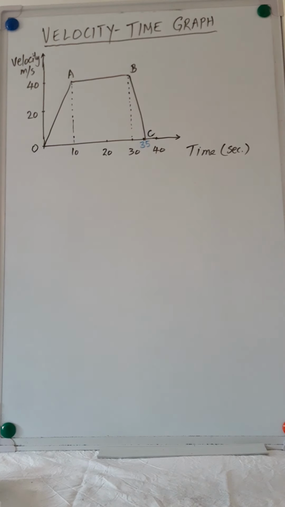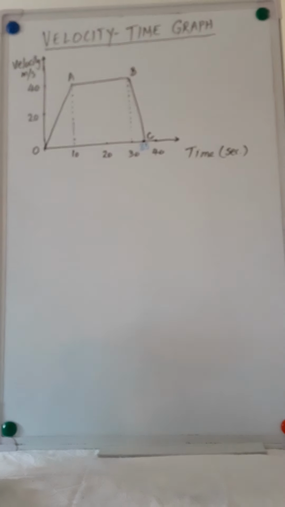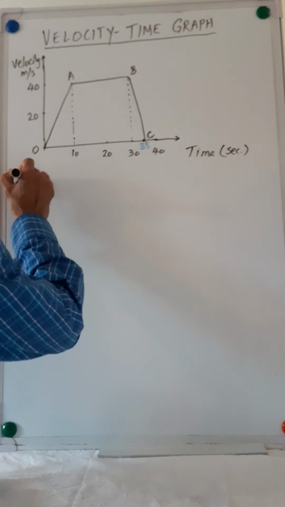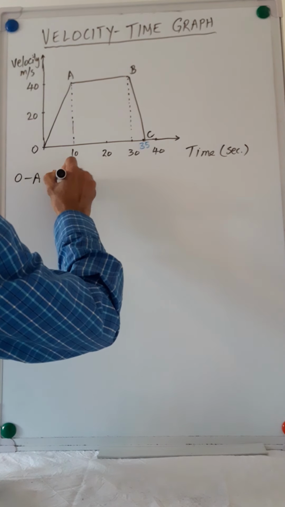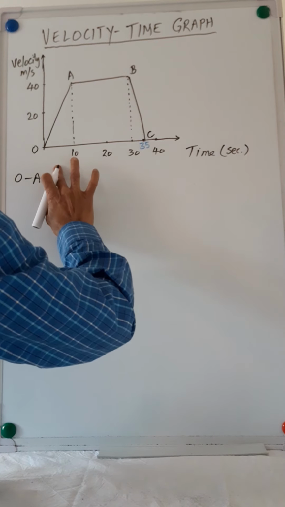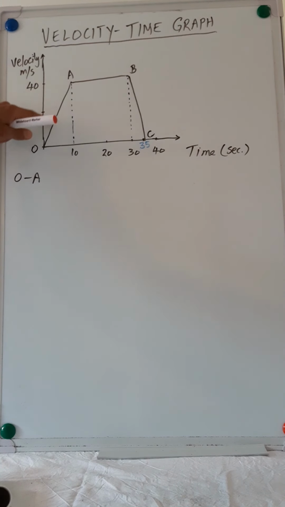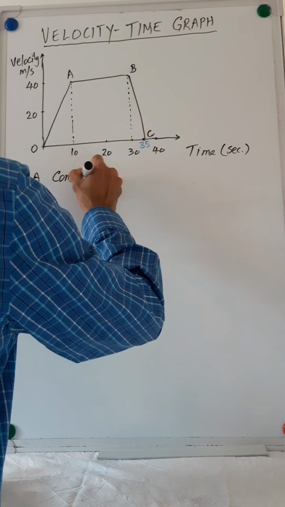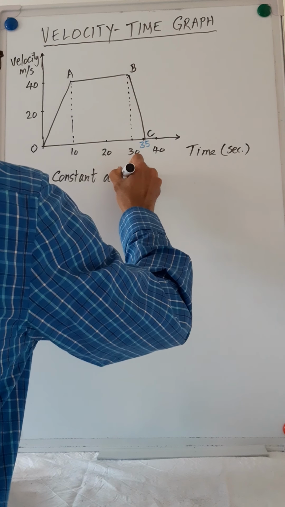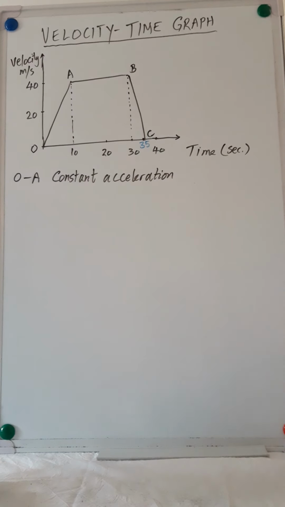So from O to A we have constant acceleration. Its speed is changing, so it's constant acceleration. Constant or uniform is the same thing.